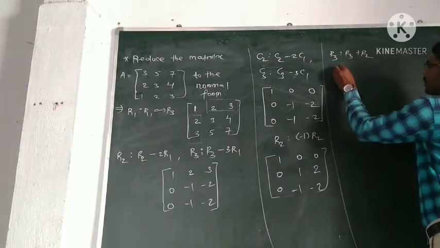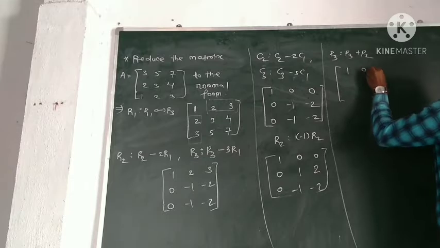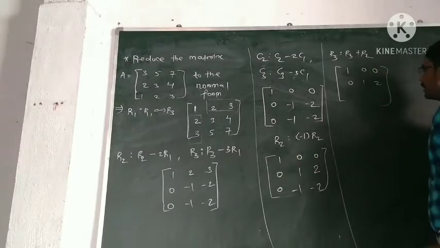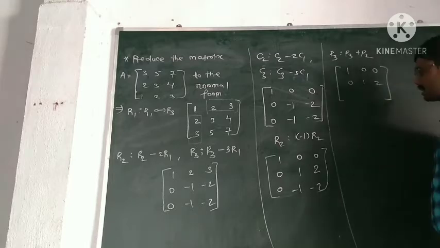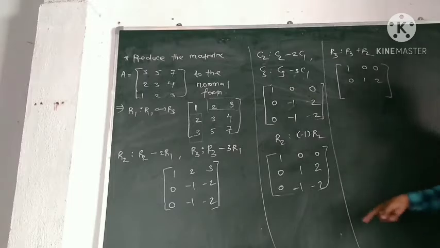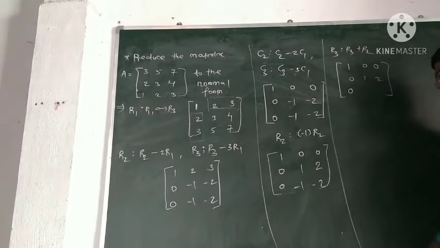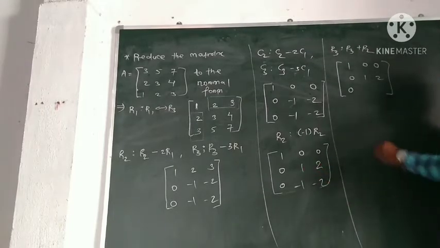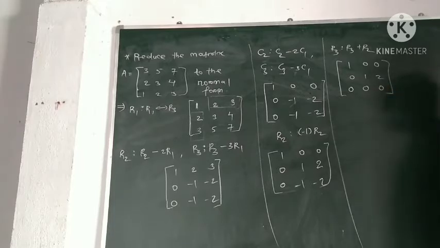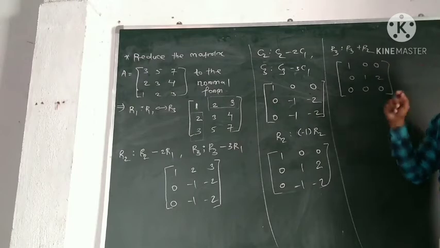No change in first row 1 0 0, no change in second row 0 1 2, but there is a change in the third row. We add second row to third row: 0 plus 0 is 0, minus 1 plus 1 is 0, minus 2 plus 2 is 0. This is the matrix after this operation.